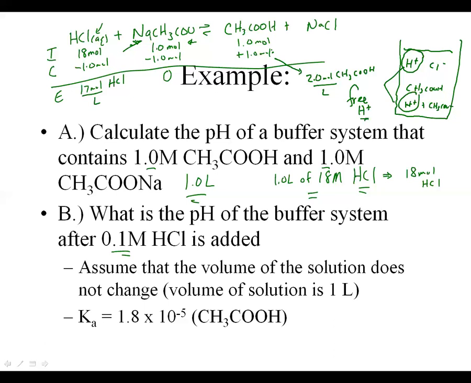So this demonstrates that if you choose wrong in terms of the concentration of your buffer, or wrong in terms of the acid or base that you add to your buffer, you can blow right through it. In this case the pH would go way down because we've now made a bunch of free H plus from this reaction.